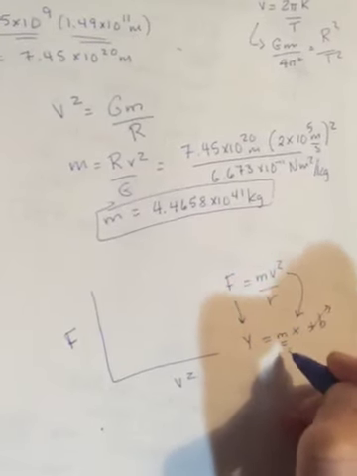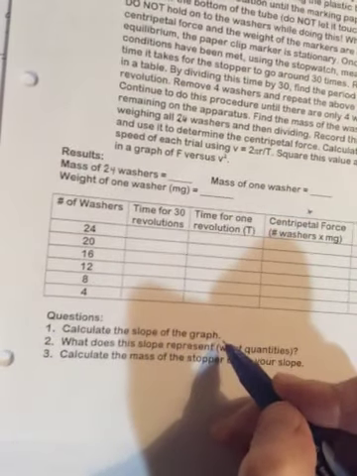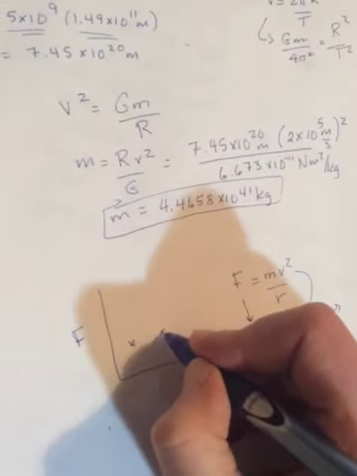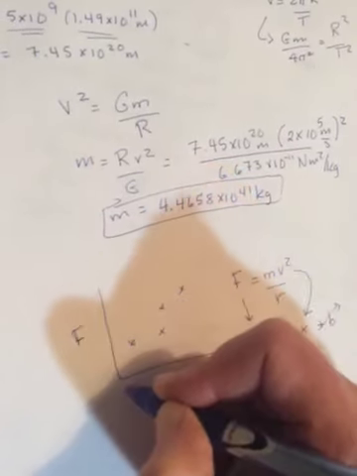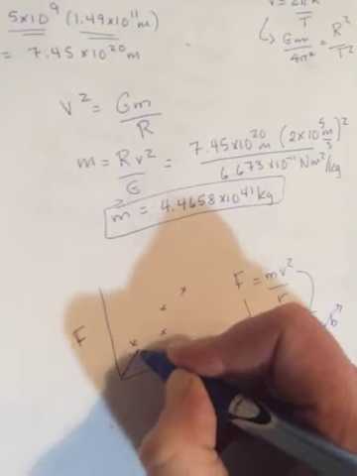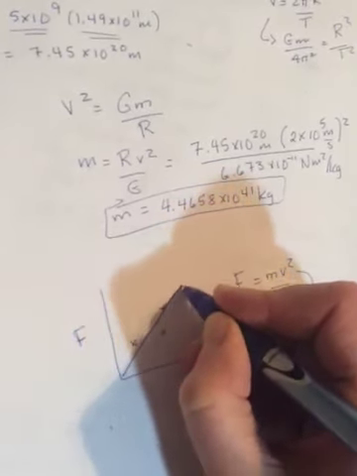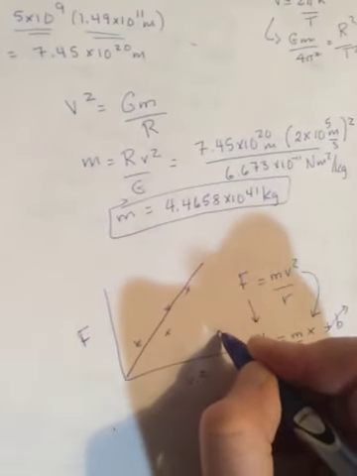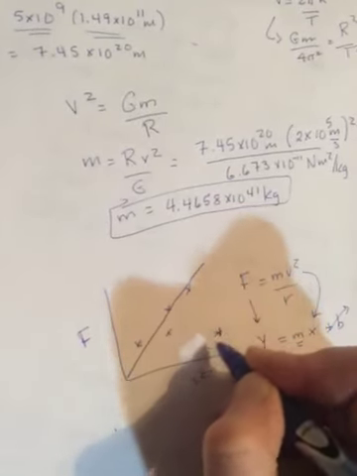And so what's your slope? If you look, question 1 says calculate the slope of the graph. So you're going to do what's called the best fit line. So if you have points that look like this, you're going to take your ruler and draw a straight line that is as close to as many of them as possible. And if you end up with one dude way down here, ignore that dude, okay?